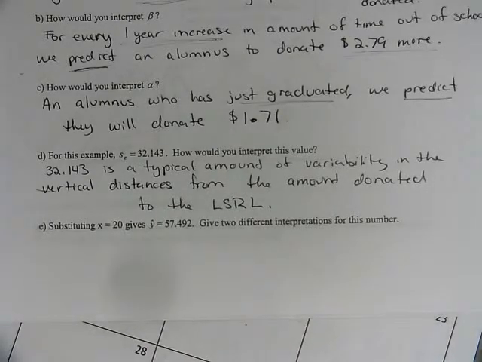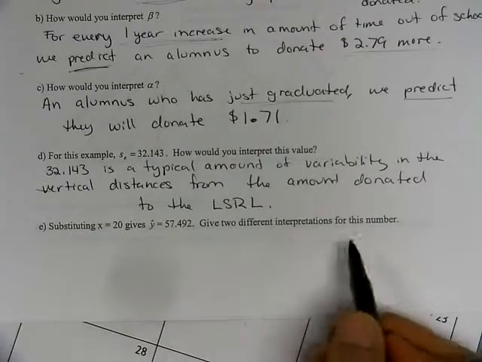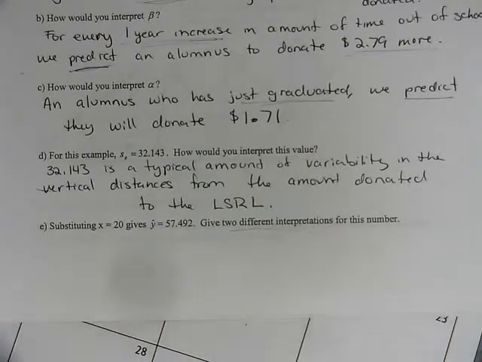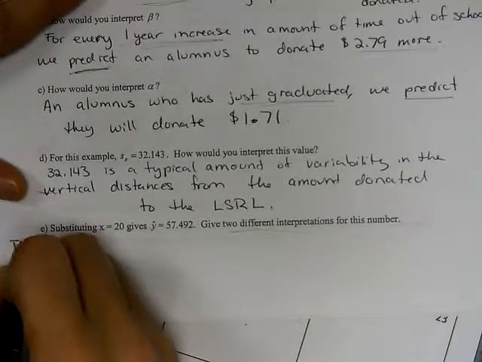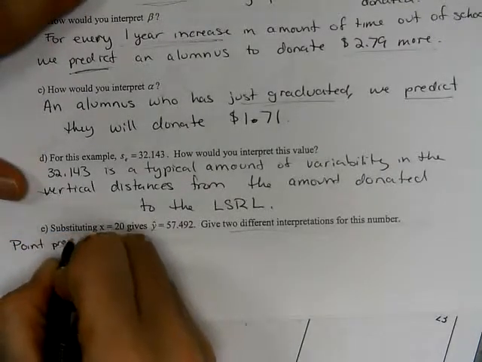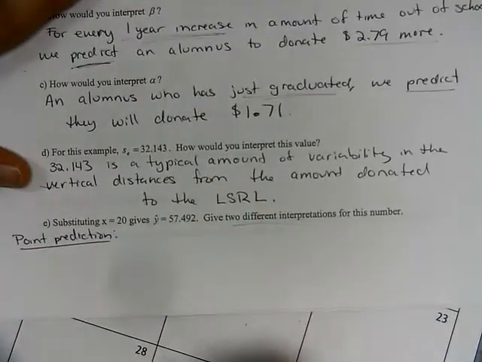So all that was kind of review. If I substitute 20 in for X, I get a Y hat of 57.492. I want two different interpretations for this number. So the first one that we did, a point prediction. That was kind of what we did in chapter 5.